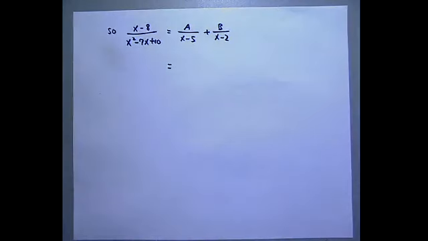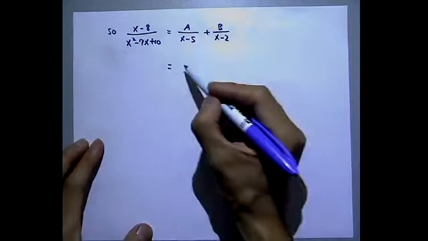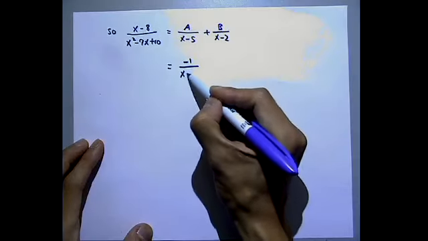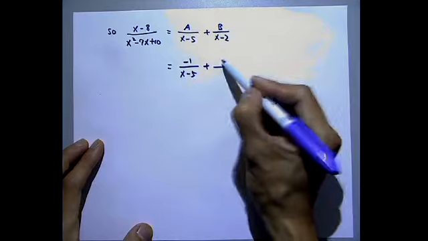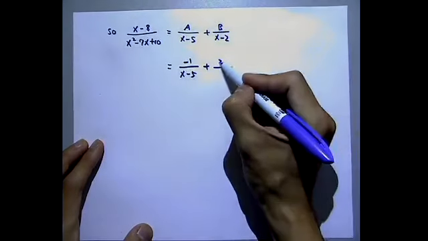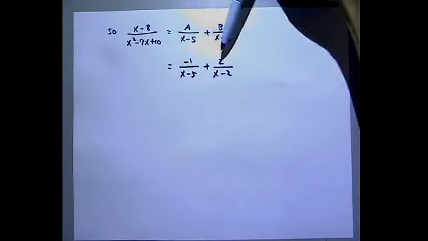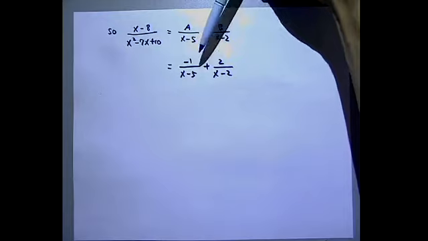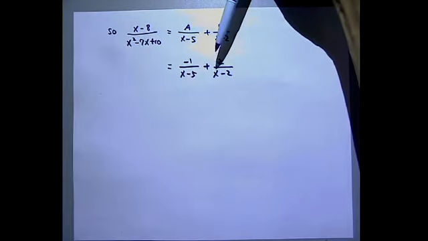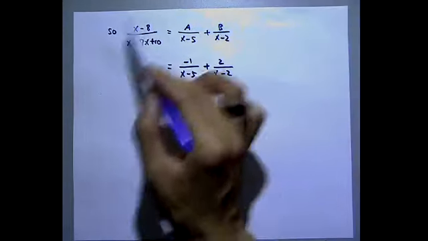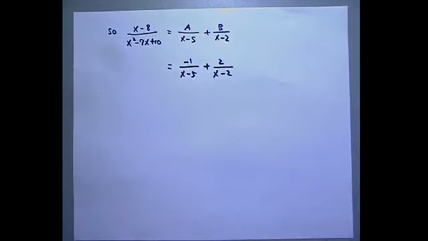And now we know a and b. Okay, so we accomplished what we wanted to do. We wanted to break that into two simpler fractions. Each one could be integrated very easily, whereas the original one is not the easiest thing to integrate.